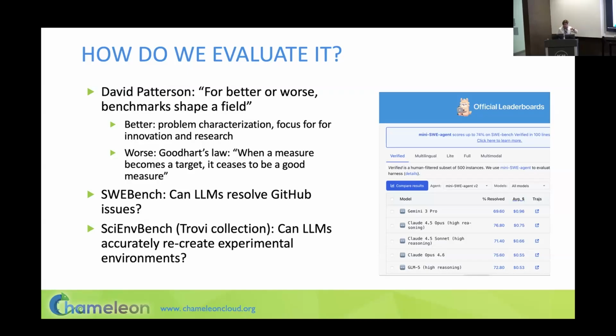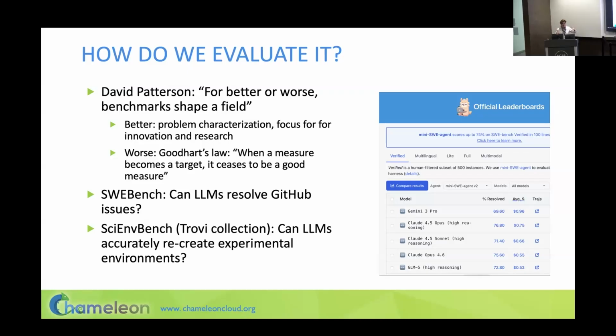We're working with a colleague at University of Chicago who is a co-author of something called Software Engineering Benchmark, SWE-Bench, which solves a similar evaluation problem to the one that we need to solve. One idea for AI is, can some clever AI take a bunch of GitHub issues and resolve them correctly?